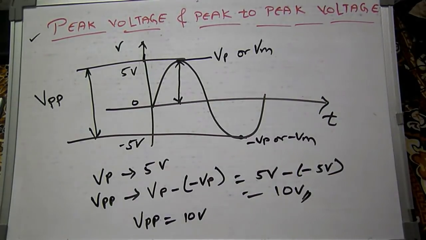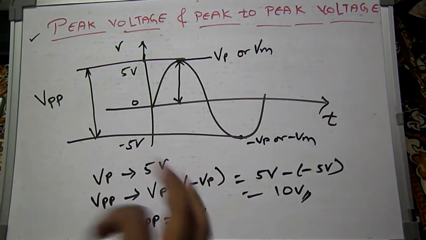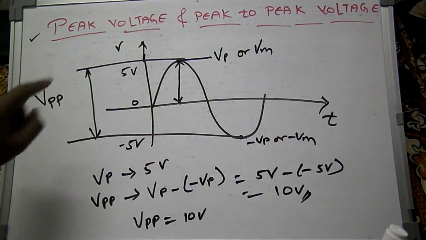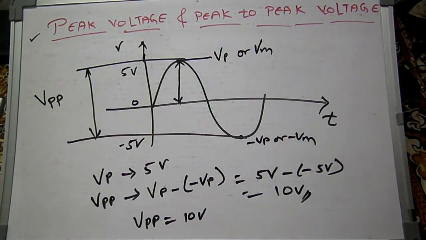These two terms, RMS and average values, are very important in studying AC fundamentals, because most of the time the representation of these AC voltages is done in terms of RMS. We will learn in a few minutes what RMS and average value are, but to know them, this concept of peak voltage and peak to peak voltage is very necessary.